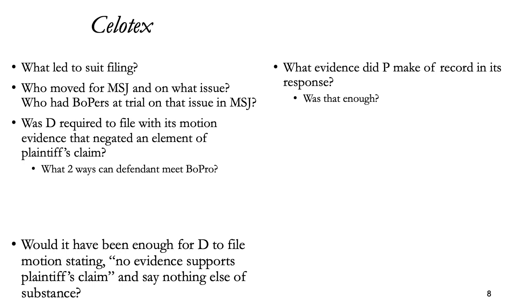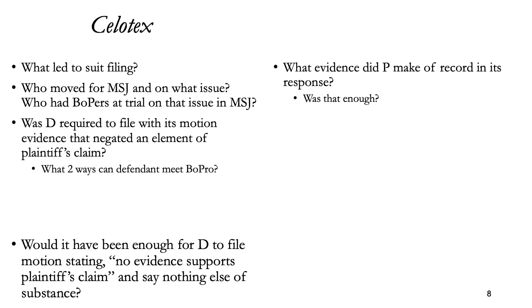Now notice the next sentence. Petitioner in turn. What does that mean, in turn? That means in its reply brief. So we have motion, response, reply. Petitioner argued the 3 documents were inadmissible hearsay. It objected to them as hearsay. So then the district court granted the motion, and the appellate court reversed.